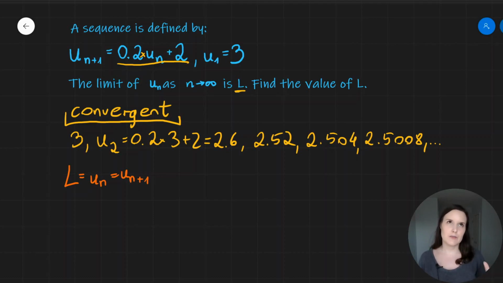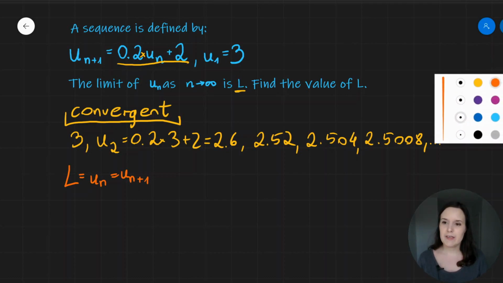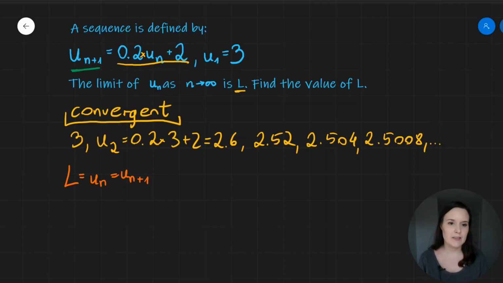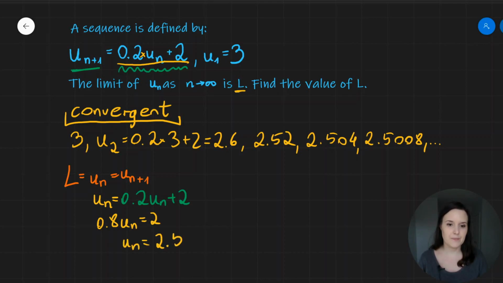So we could say that in infinity they are equal. And then we can substitute what we have here. We know that u(n+1) is 0.2 un plus 2, and that is equal to un. And calculate, we get that 0.8 un is 2, so un is 2.5. Okay, so the limit is 2.5.